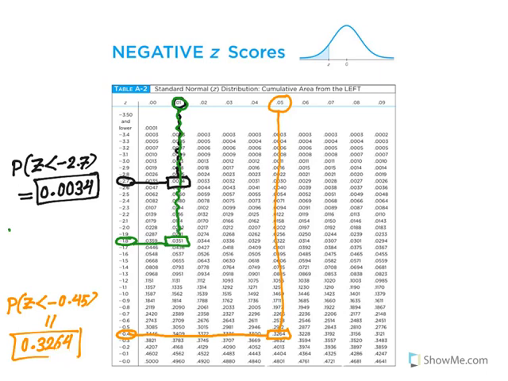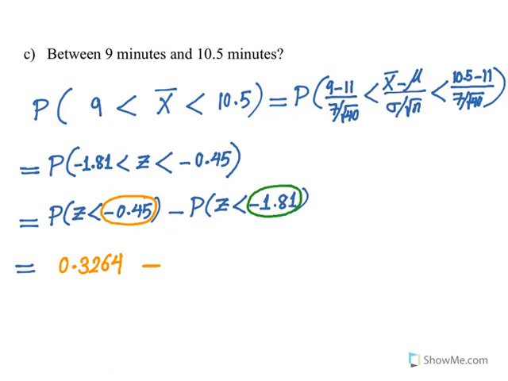So I can write it, the probability that z is less than negative 1.81 is equal to 0.0351. So I go back and I put this number where it belongs. So this will be 0.0351.